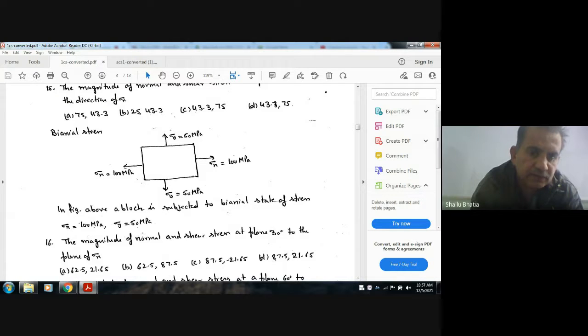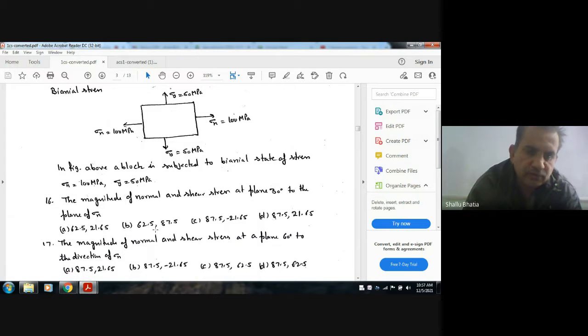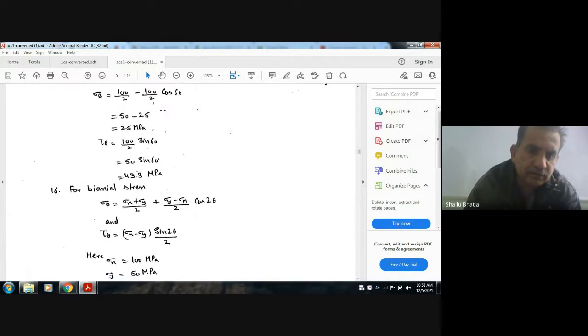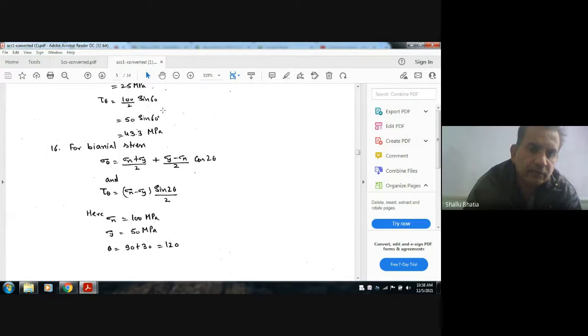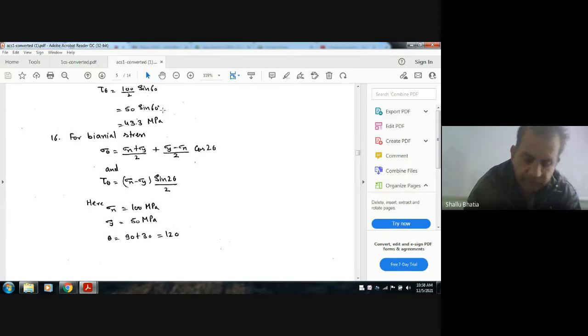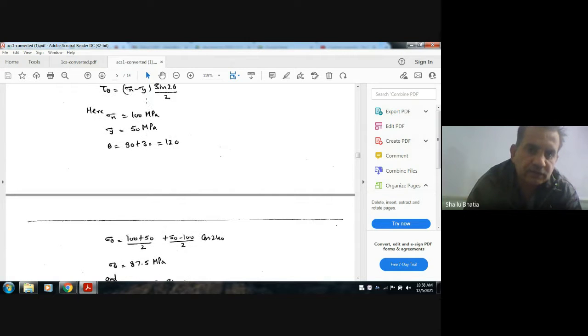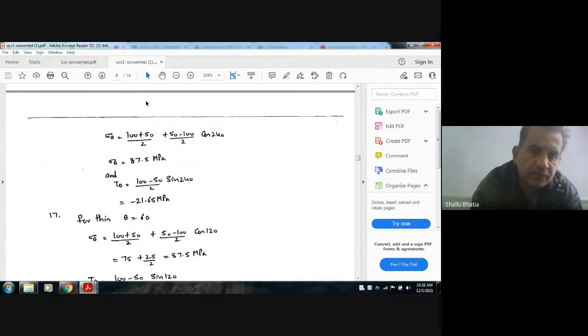Find the magnitude of the normal and shear stress at a plane 30 degrees to the plane of sigma x by directly putting values, similarly as in question 14, and using the formula for biaxial stresses. Putting theta is equal to 120 degrees, we can calculate sigma theta and tau theta.